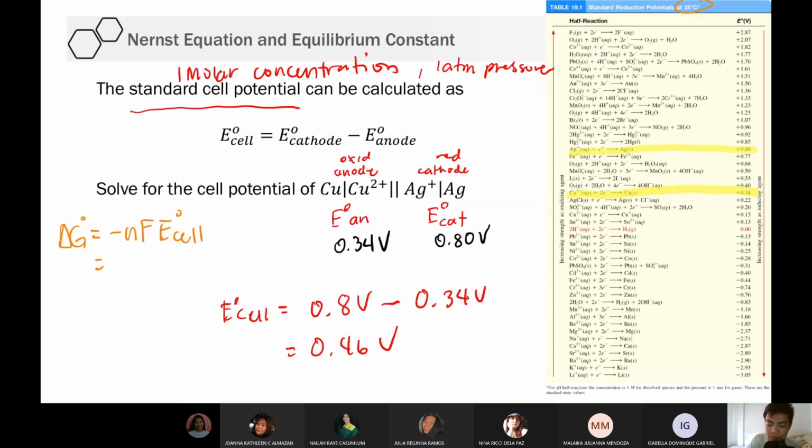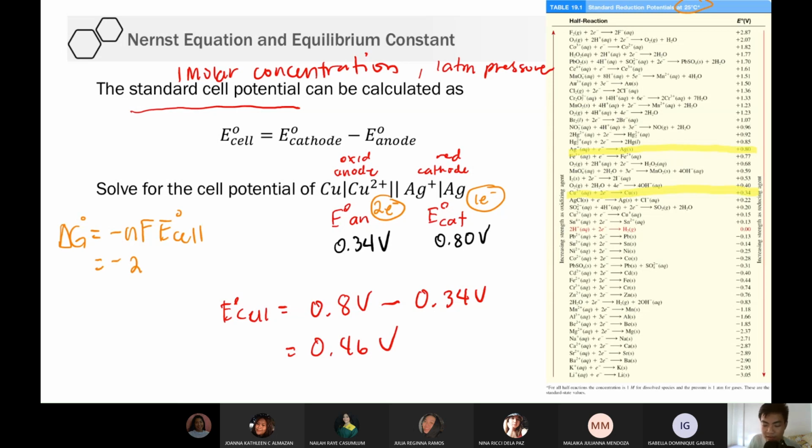So sa lab part, malalaman nyo na 2 electrons to, yung electrons involved in the anode, and 1 electron dito. Okay? So just get their LCM. Yung common multiple nila, which is 2 times 1, which is 2. So, 2 electrons. So, again, sa lab na lang yan, ha?